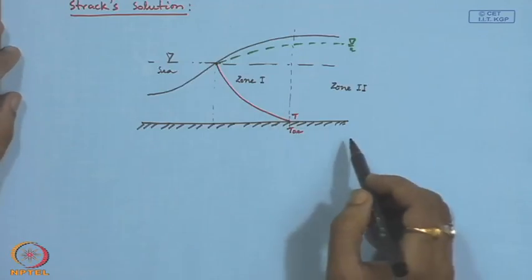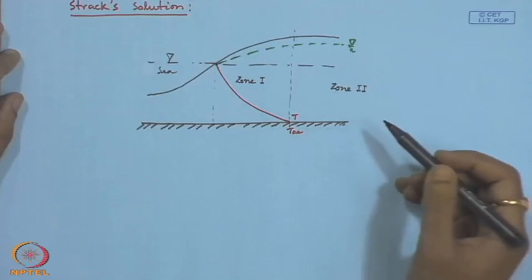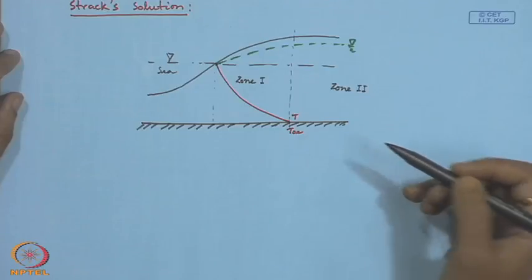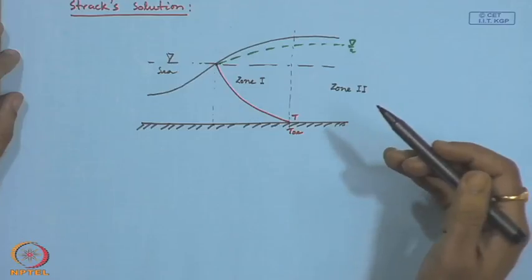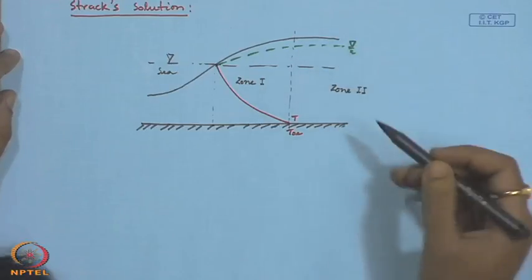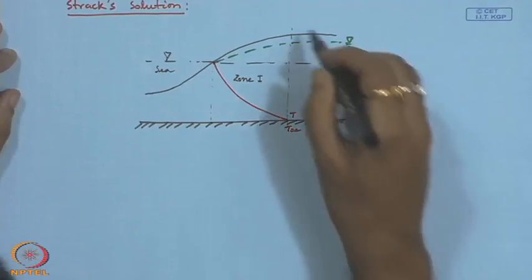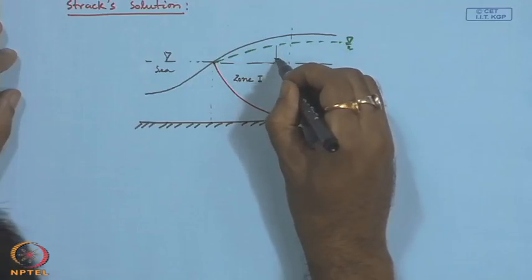So, Strack defined a certain potential for defining different piezometric heads. We can write it directly according to our previous modeling conventions.